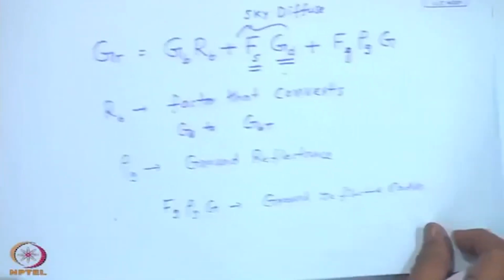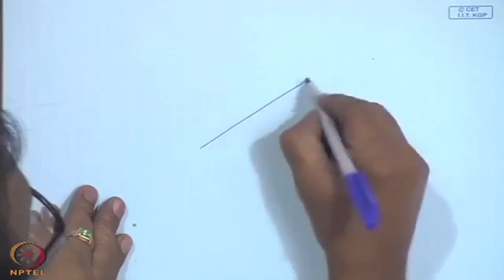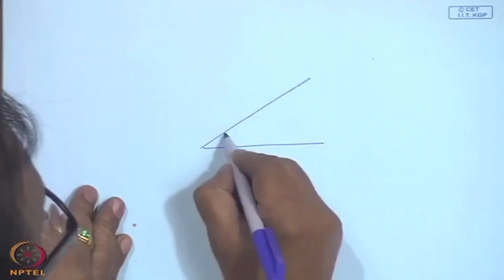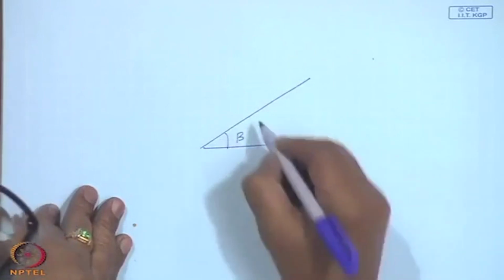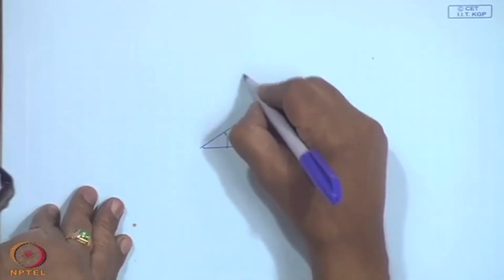Now, to make you appreciate, if there is a collector with certain slope again, and then of course, I will keep on showing this.